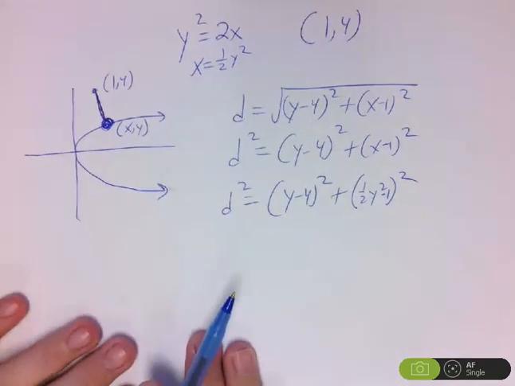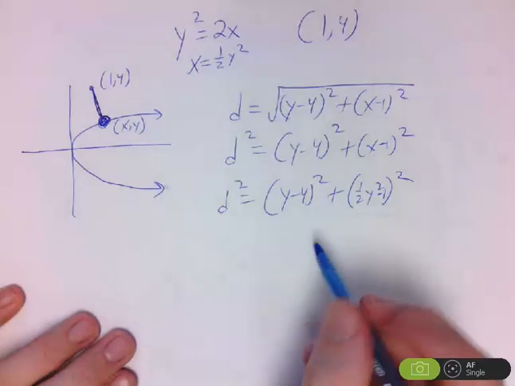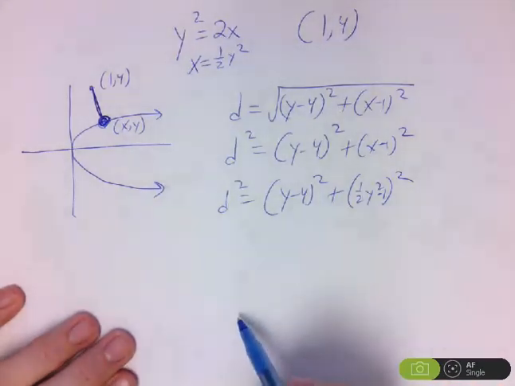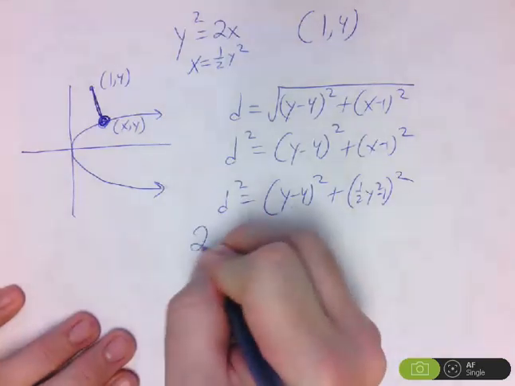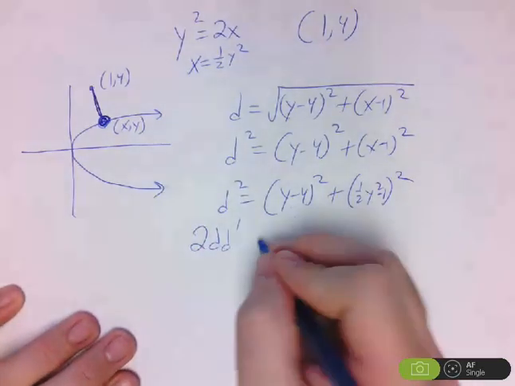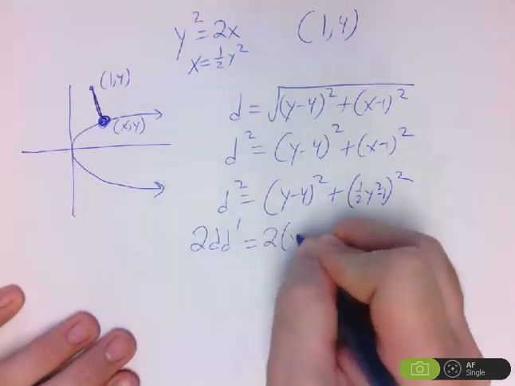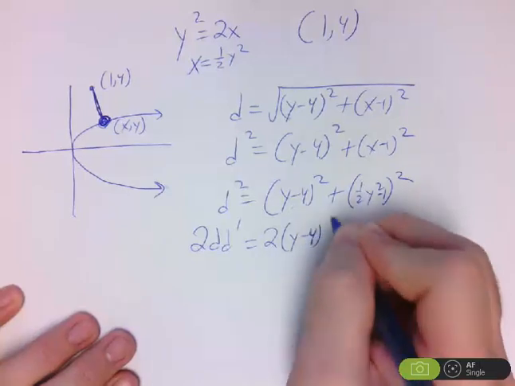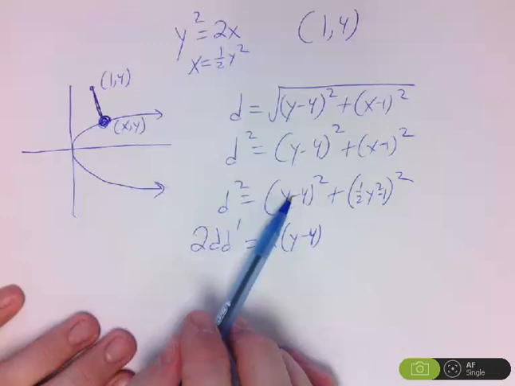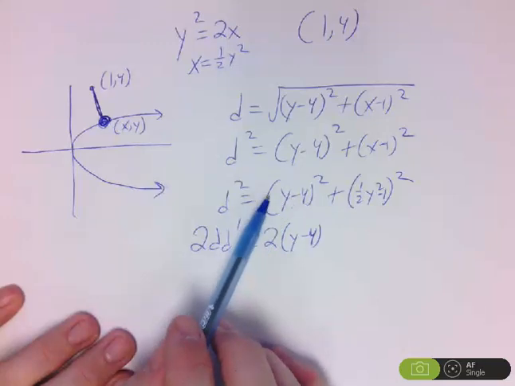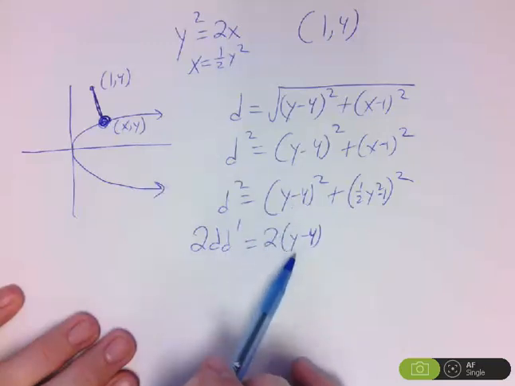At this point, you probably could just take the derivative. You could expand these out. I guess they're not that bad. Either way, in all honesty, it's probably the same amount of work both ways. So this is going to be 2d d prime equals 2(y minus 4) to the first times the derivative of y, which is just 1. Remember, we chose to do it with respect to y, so you don't need a dy/dx as a chain rule kicker.